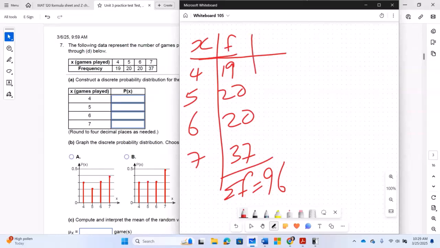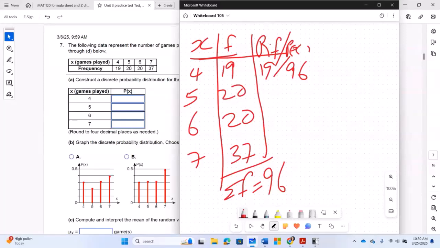Okay, so the next column I can have is relative frequency or probability. I want you to remember that relative frequency is something as probability of X. And probability of X is always the frequency of X divided by total frequency.